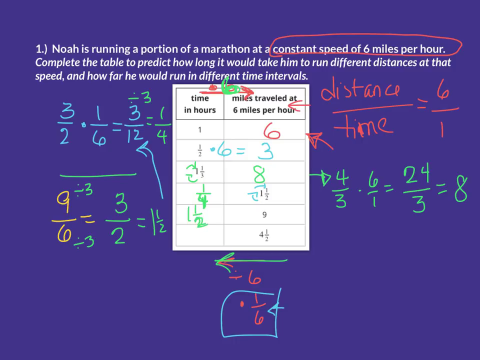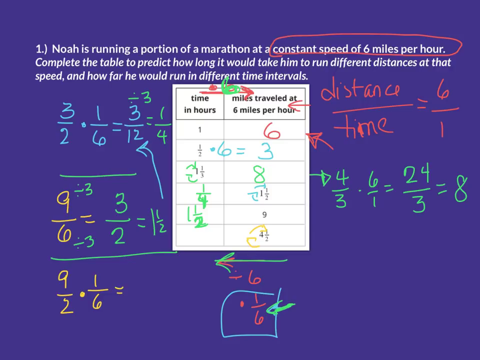We're almost done with this problem. 4 1/2, again, divided by 6, it's a fraction. I'm going to, of course, just go straight to multiplying by 1/6. So 4 and 1/2. 2 times 4 is 8, plus 1 more is 9. So I've got 9/2 times 1/6.